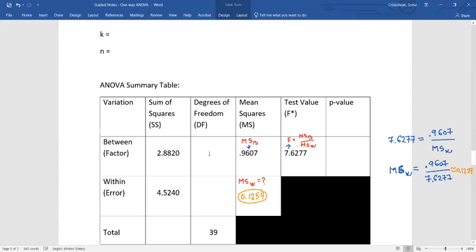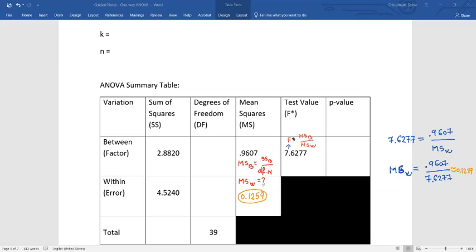Now I'm trying to find this answer right here, degrees of freedom of the numerator. I know that MSB, and let's write down the formula, equals SSB divided by degrees of freedom numerator. So I know this is SSB and I know this is MSB. So just plugging in, I should be able to find my answer. So let's just get rid of this now. I don't need this.